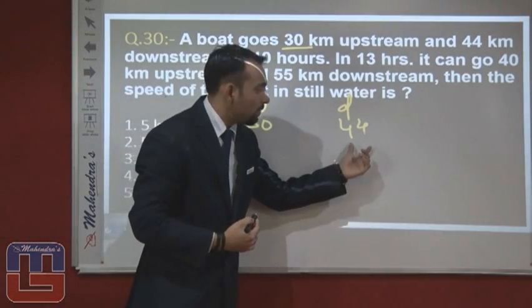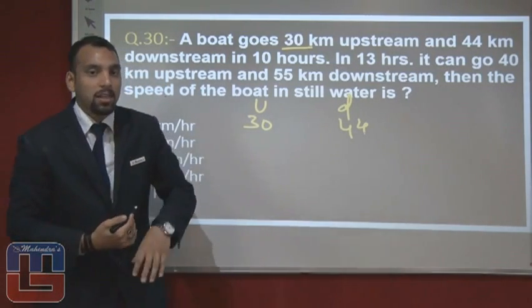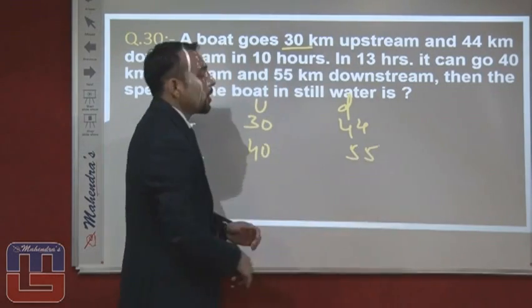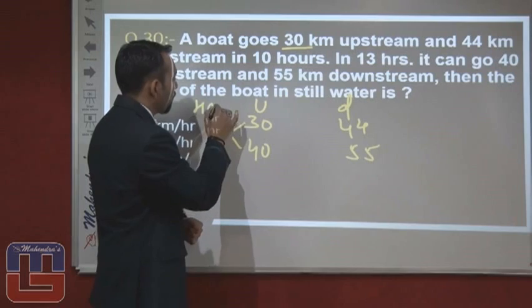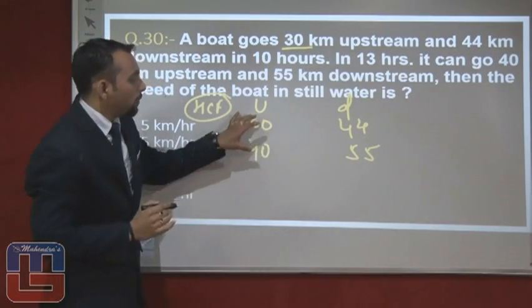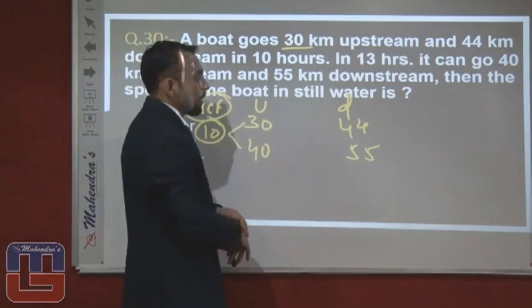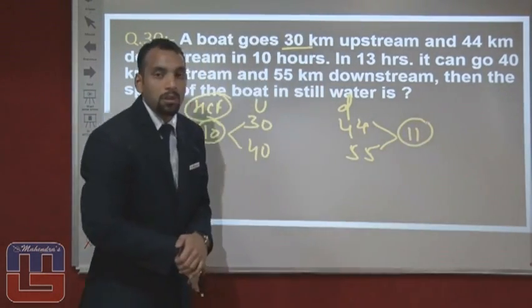In downstream, the boat is traveling 44 km. In the second case, in upstream it is 40 and in downstream it is 55. Now what you have to do is take the HCF. HCF of 30 and 40 is 10. Same here, HCF of 44 and 55 is 11.